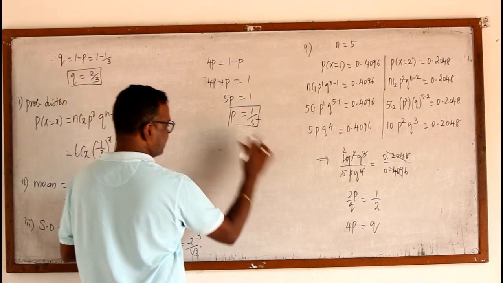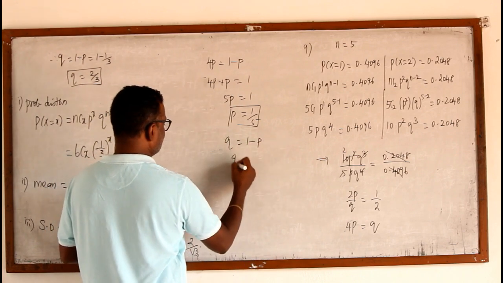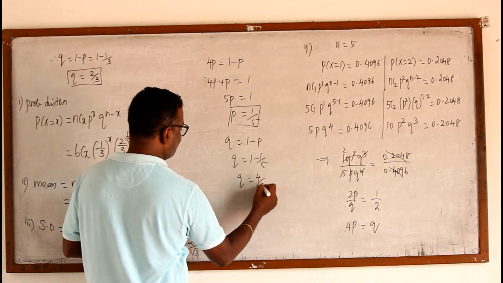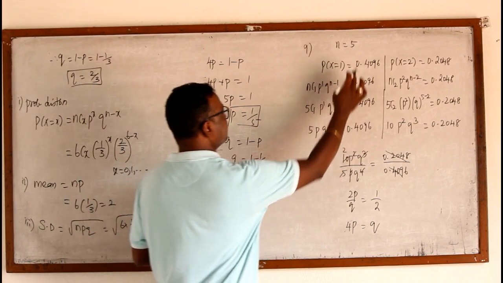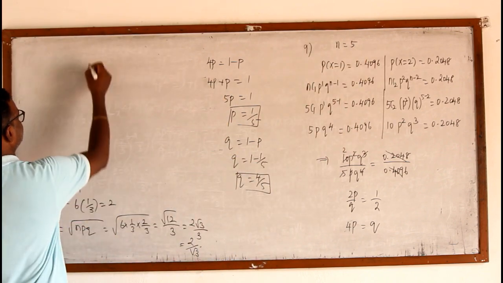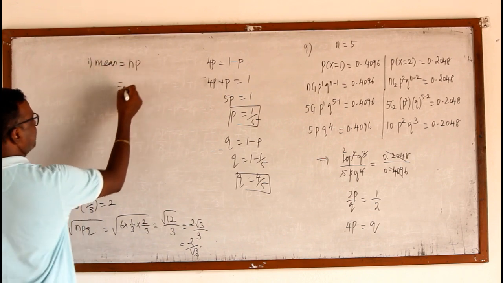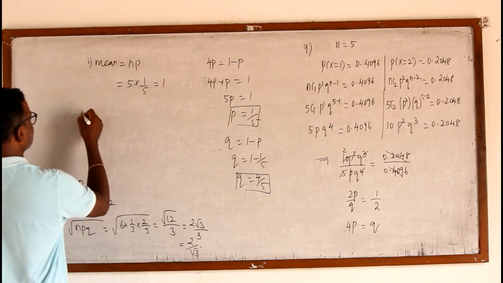I got p. We get q is 1 minus p, 1 minus 1 by 5, so q is 4 by 5. So we got p, q and n. Therefore, mean is np, 5 into 1 by 5, so it is 1.